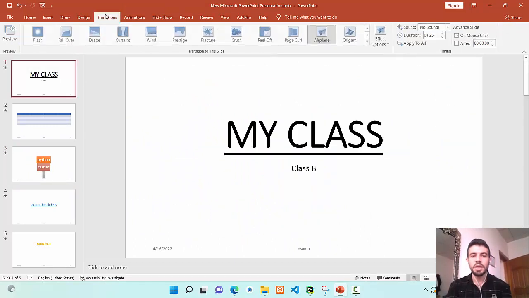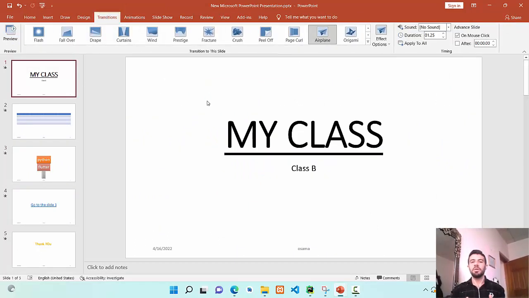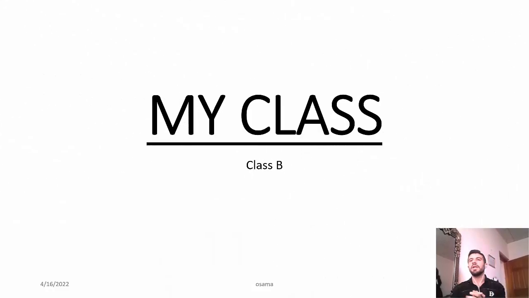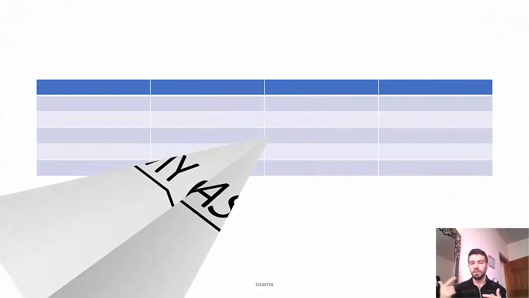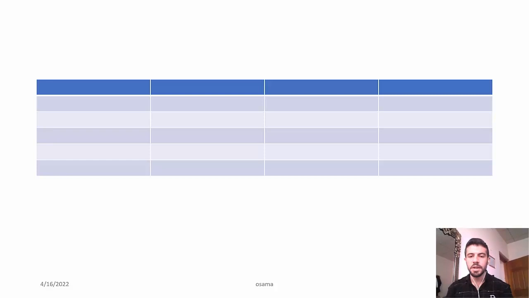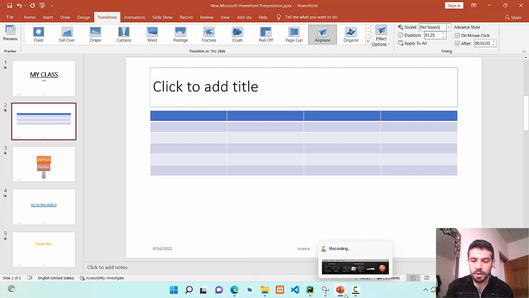So we have to go to Transitions, because transition is responsible for creating animation between the slides when you go from one slide to another. So now here, I can go to not only on click but make it after 2 seconds, and then apply to all. Now if I start the presentation, I don't need to click anything. It automatically goes after 2 seconds from one slide to another slide.